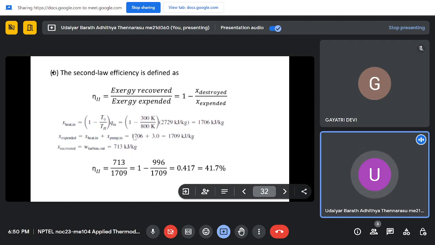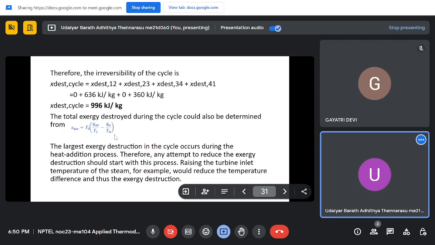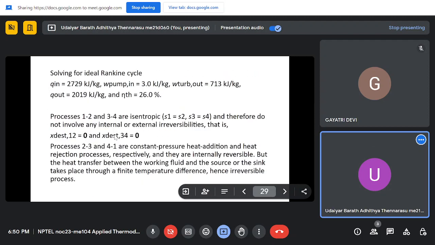The exergy is expended because what you are giving in is the pump work and the heat. So that is what you are giving in. The exergy of the pump is 3 kilojoule per kg, which we already calculated.